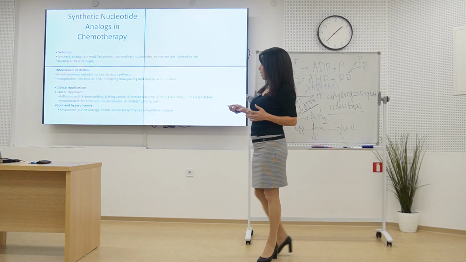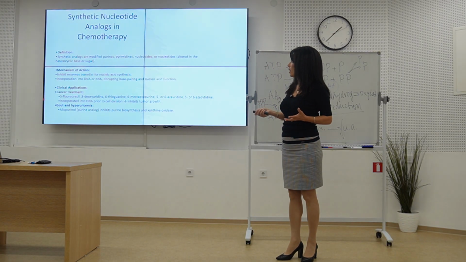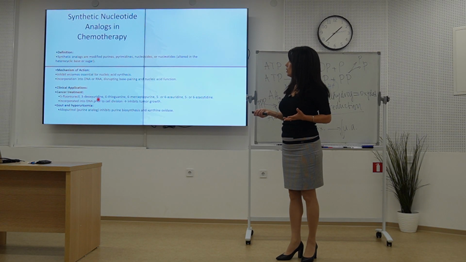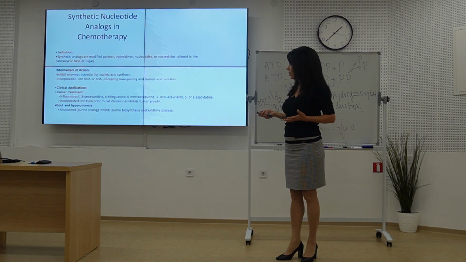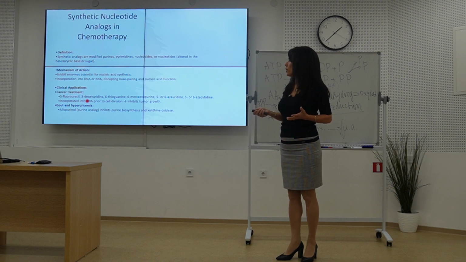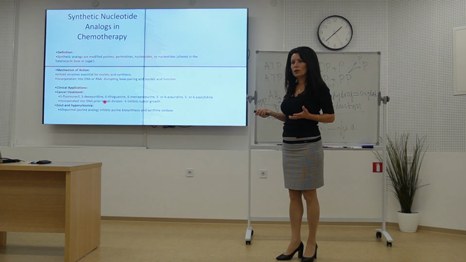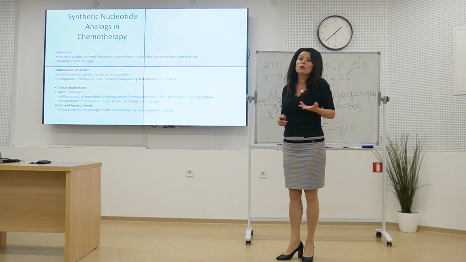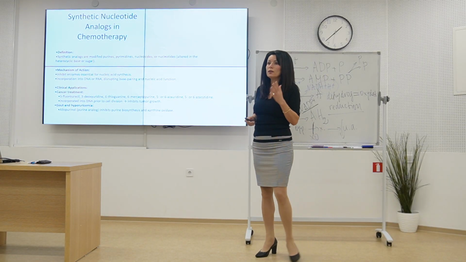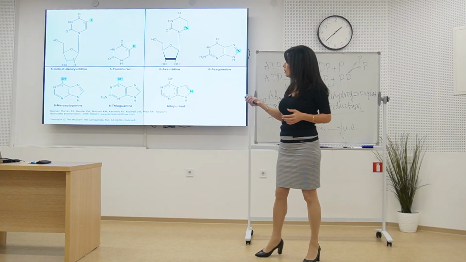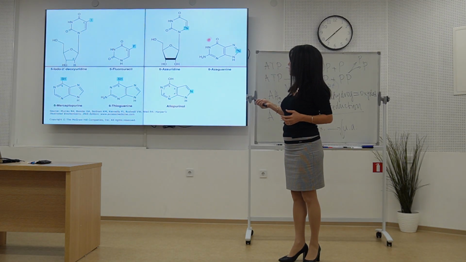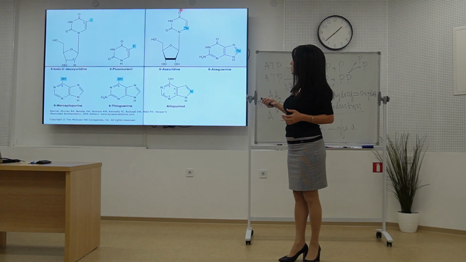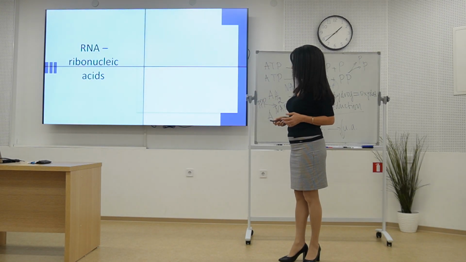That's why these types of synthetic nucleotides, like 5-fluorouracil, or 3-deoxyuridine, or 6-mercaptopurine, etc., because of their incorporation into DNA prior to cell division, lead to inhibition of tumor growth, which means they are used in cancer therapy. And you can see absolutely different examples as structures.